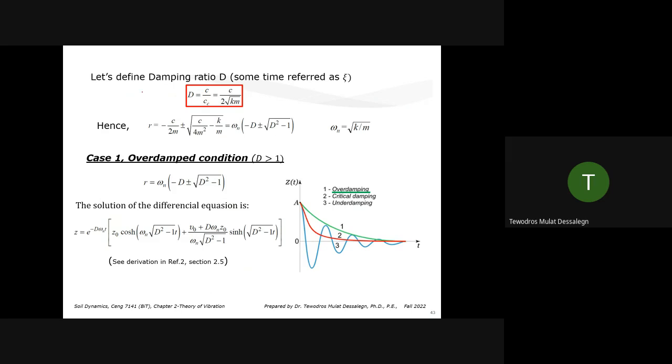So let's define a term called the damping ratio. Damping ratio is very common. When we talk about damping in your finite element modeling, we usually talk in terms of damping ratio. It's the damping of the material divided by the critical damping. The critical damping Cc is 2 times the square root of km.